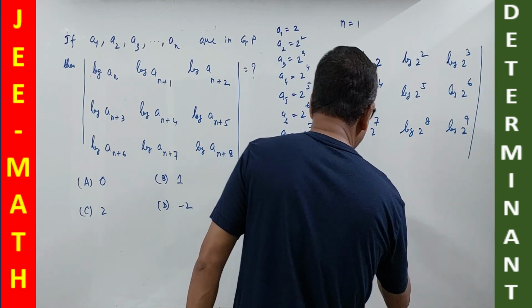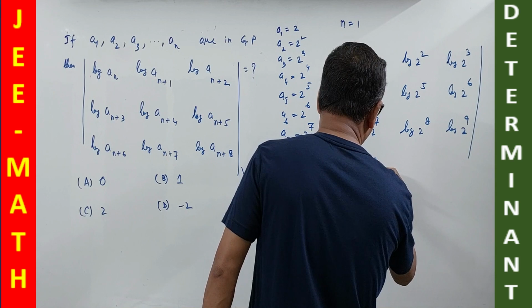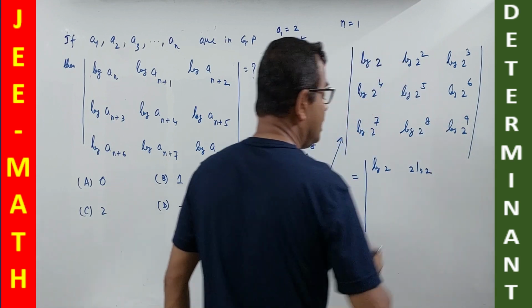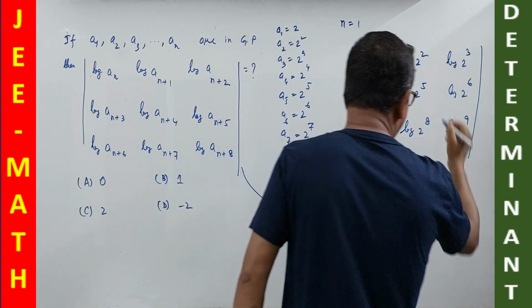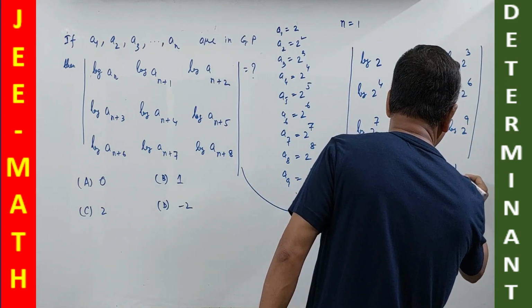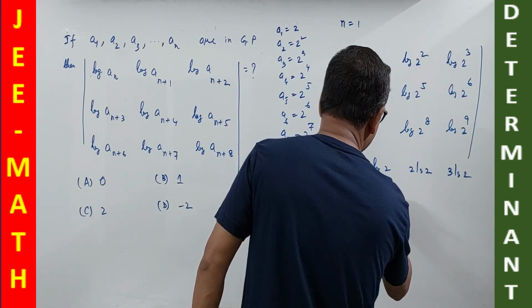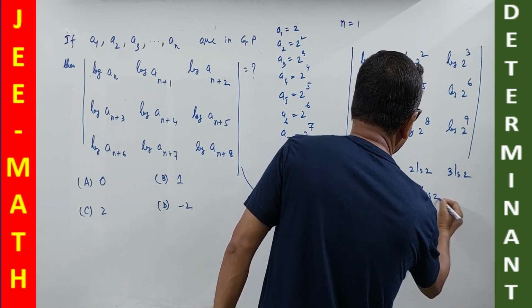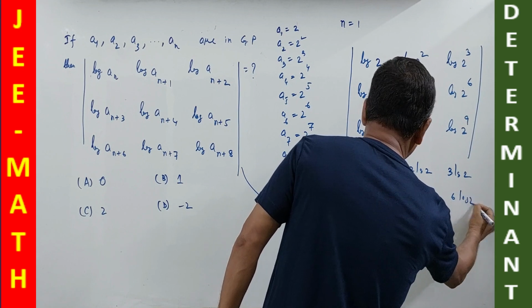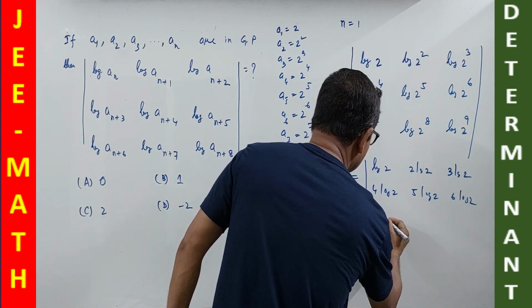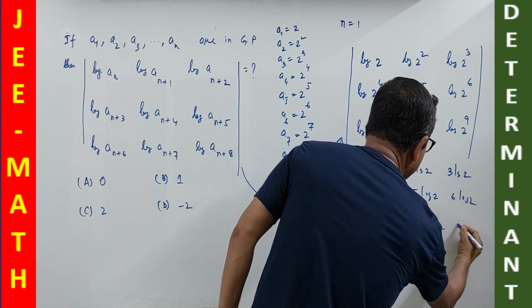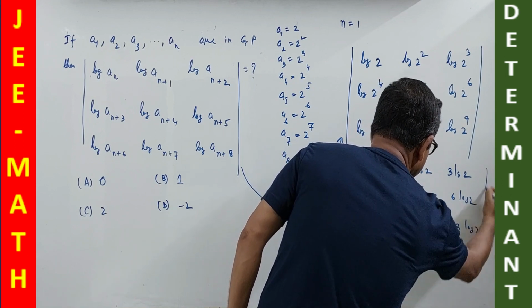Now the determinant becomes log 2, 2 into log 2, applying the rule of logarithm, 3 into log 2, 4 into log 2, 5 into log 2, 6 into log 2, 7 into log 2, 8 into log 2, and 9 into log 2.